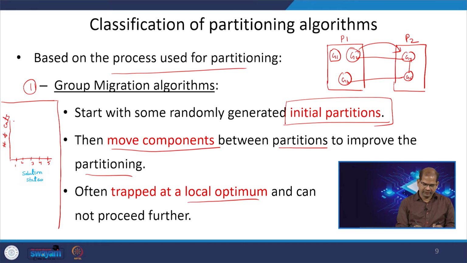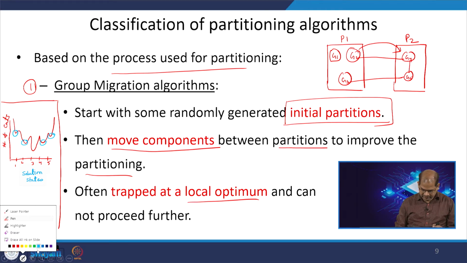Let us say I get some profile like this. These are my local minima. However, I have one global minimum. This is my global minimum.